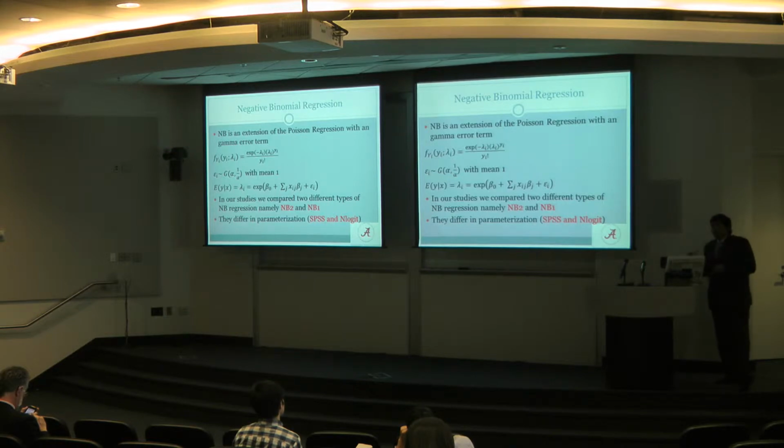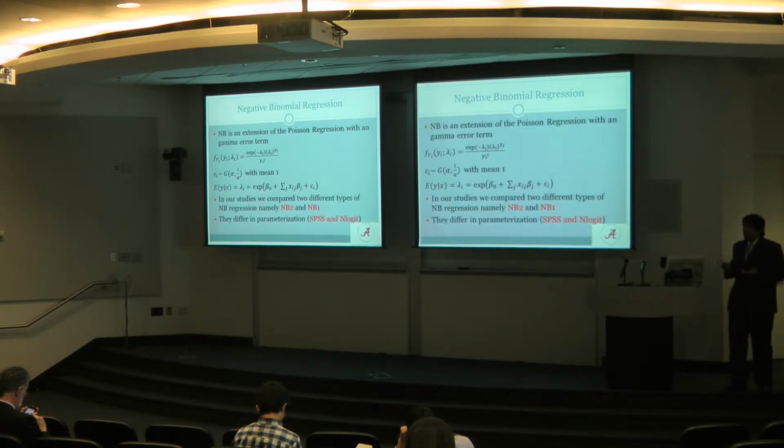And in the literature there are around 25 different forms of negative binomial regression. However, most of them are not very interpretable, so they are not so useful. But still, we tried 2 different formulations of negative binomial regression, NB2 and NB1. The main difference between these 2 methods is the variance component.